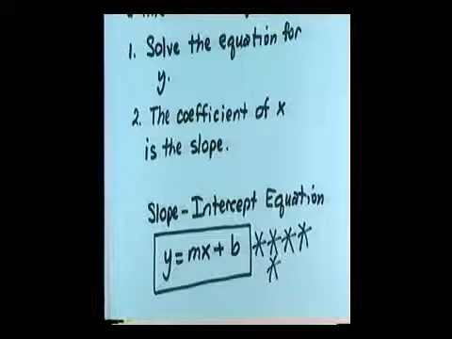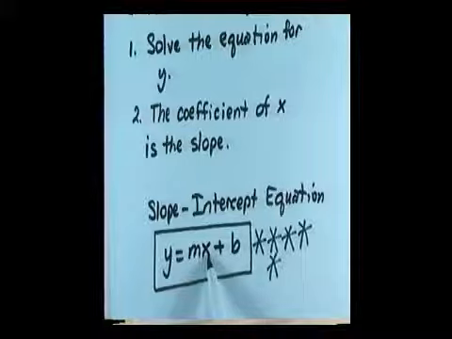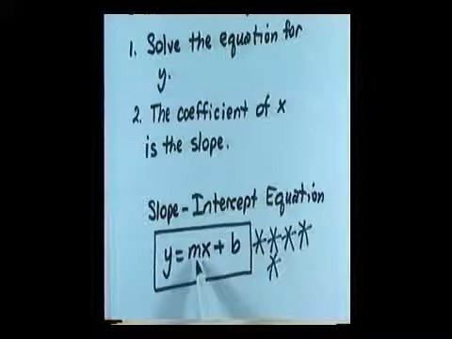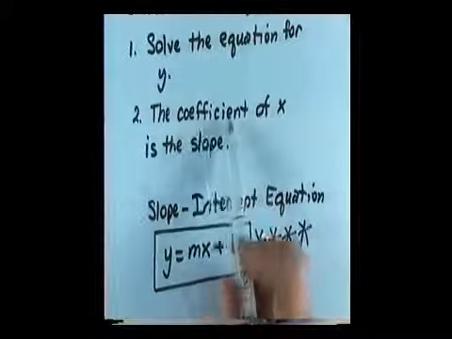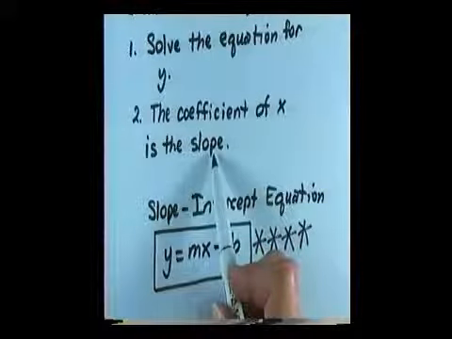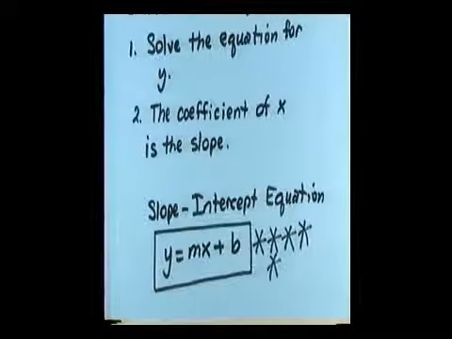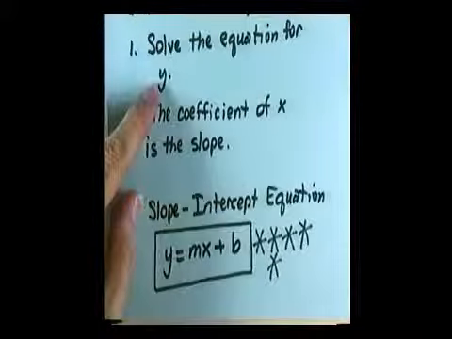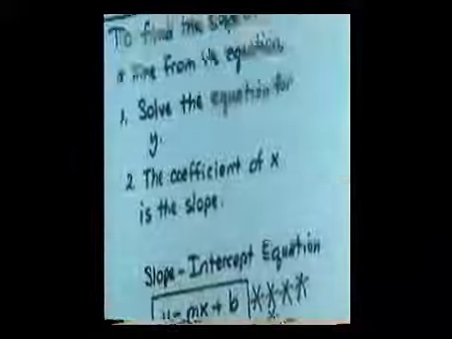Notice that the m is a coefficient of x. That's the letter right beside x. So the m, the coefficient of x, is the slope. And that's precisely what this sentence says. The coefficient of x is the slope. So our only job is to solve the equation for y. So let's do that with an example.